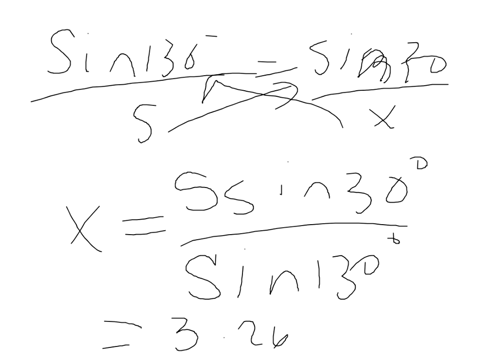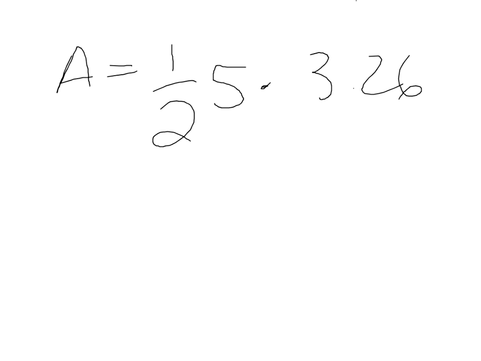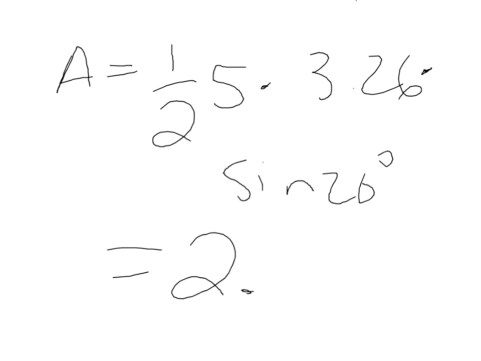So let's go back. There's x, and there's 5, and the angle in between is 20. So my area is 1/2 times 5 times x, which was 3.26, times sine 20 degrees. Put all that in my calculator, and I get the area is 2.79 units squared.